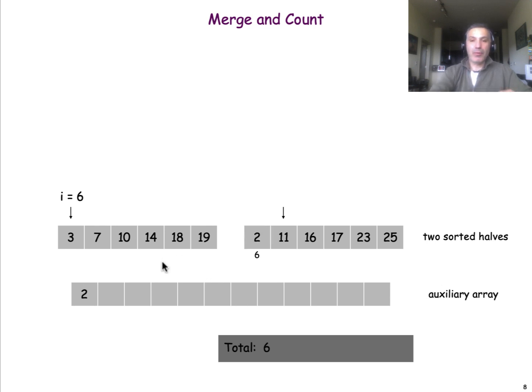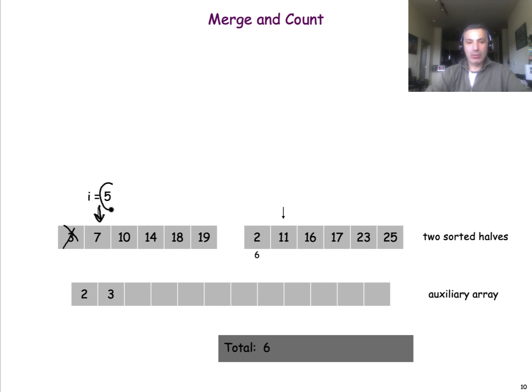At the next step, of course, we move the leftmost pointer of the right array to this element, because we're done with this. And we repeat the same process. We compare this element with this. In this case, of course, 3 is smaller, so we move this, move our pointer to the right.